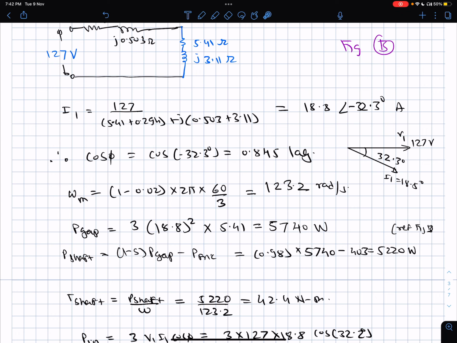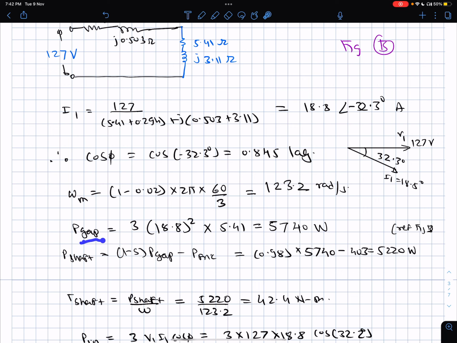Now let us see first of all what is the power. To calculate torque, we need to know P_M and we need omega m. To know P_M, first we need to know the power transferred to the rotor through the air gap. Then we will subtract the rotor losses, and then we will know exactly the P_M.